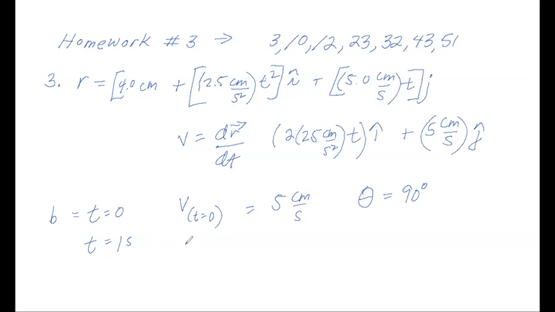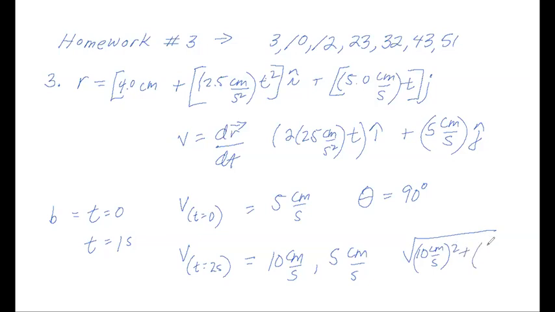Now at t equals 2 seconds, v sub x is going to be 10 centimeters per second, and v sub y is going to be 5 centimeters per second. To get my magnitude, I'll take the square root of (10 centimeters per second) squared plus (5 centimeters per second) squared, and it's going to be equal to 11.